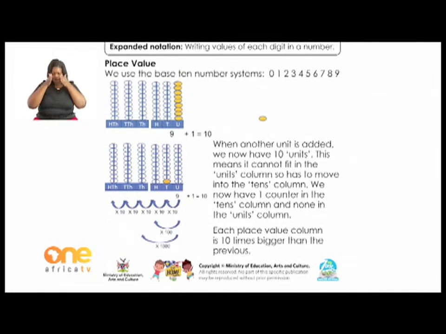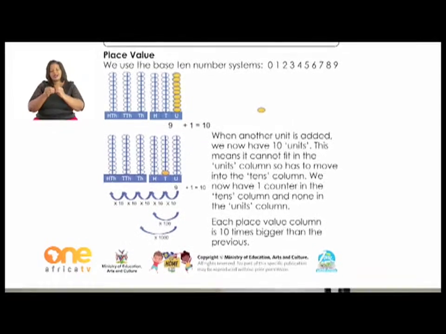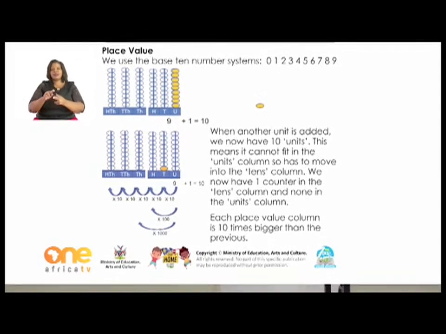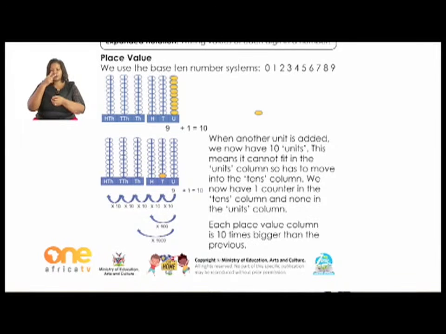We use the base 10 number system, meaning from 0 to 9. You can see the numbers which are listed there: 0, 1, 2, 3, 4, 5, 6, 7, 8, and 9.